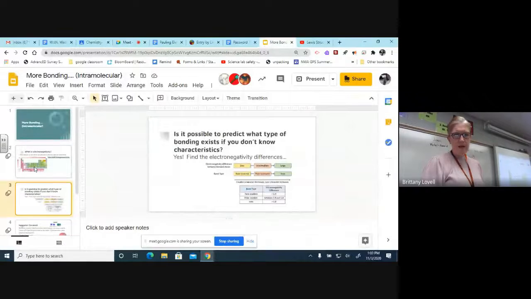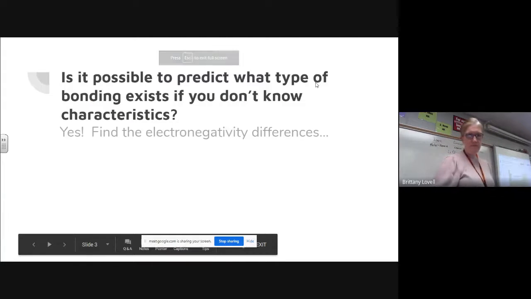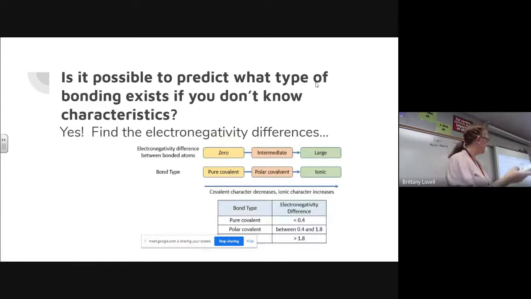On the notes from yesterday, the scale looked like this. And we wrote it in our notes.